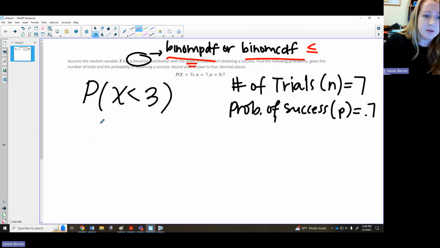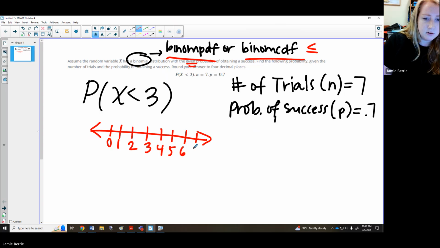So if you're looking on the number line, there's 7 trials altogether. So you could get 0 successes, 1, 2, 3, all the way to 7. And if we're looking at everything that's less than 3, so that's this area. Okay, so less than 3 would be either 2 or 1 or 0.